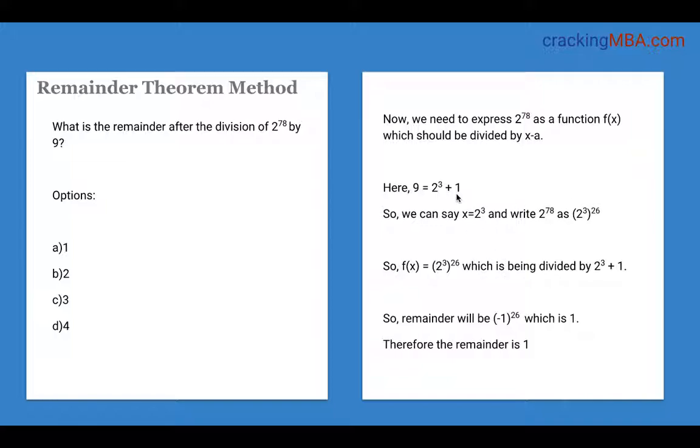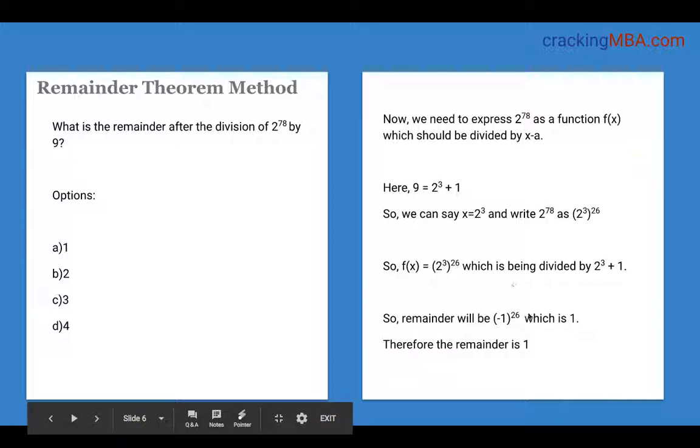But here the difference is that 9 is equal to 2 power 3 plus 1. So f of x is divided by x plus 1. Since we want the format x minus a, we say 2 power 3 minus of minus 1. So the remainder will be minus 1 power 26, which is 1. Therefore the remainder is 1.